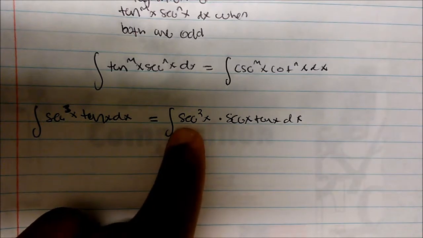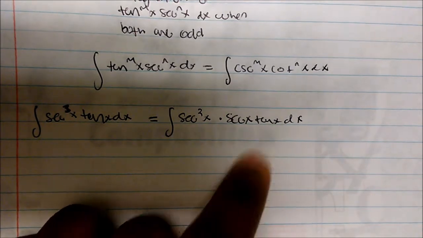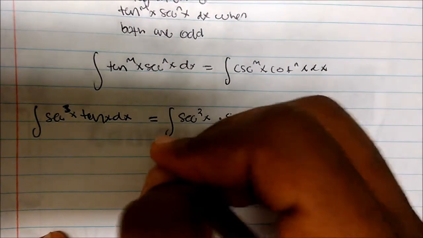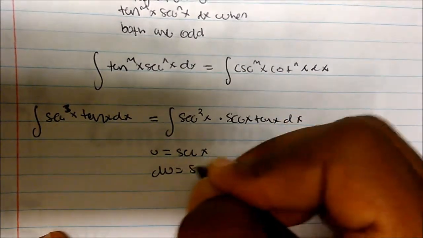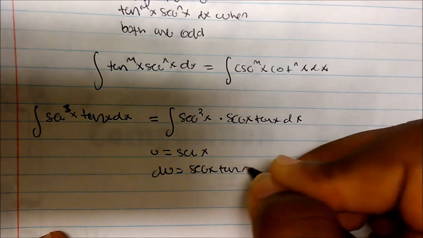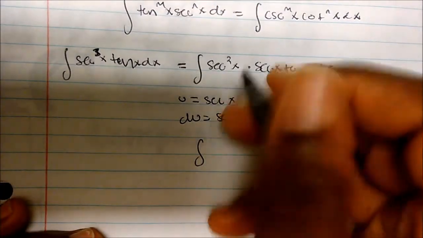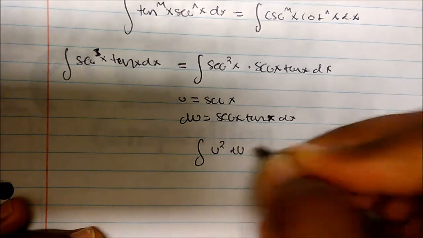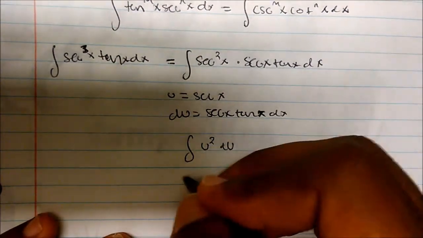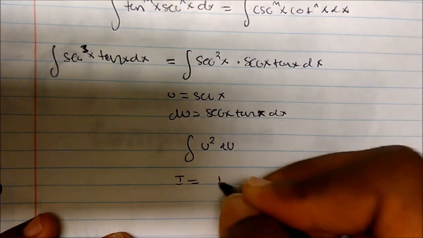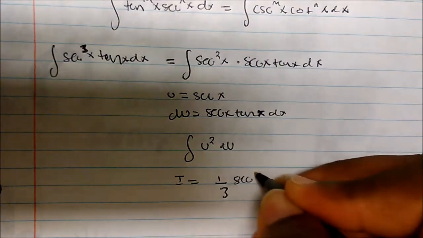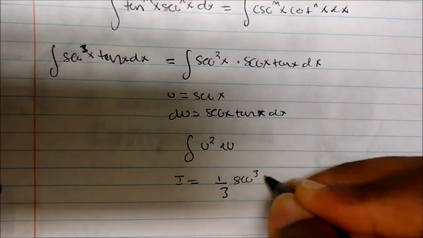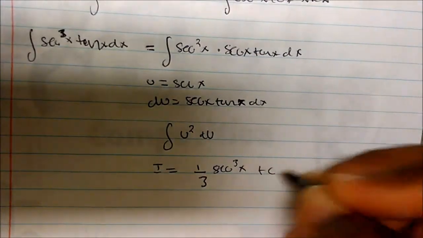If I set my u to be secant of x, I actually have the derivative here, okay? And so if my u becomes secant of x, then my du is secant of x, tangent of x dx, okay? So I could rewrite this integral as u squared du. If I take the integral of that, that is just 1/3. Well, what's my u? That happens to be secant of x, so we get 1/3 secant cubed of x plus c.